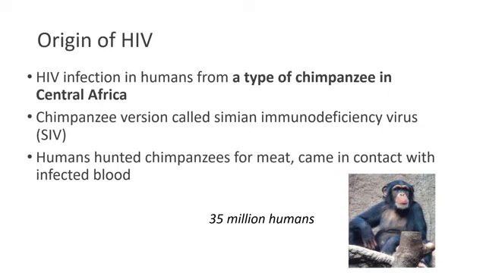But the likely cause of HIV was that people in Africa often hunt chimpanzees, and when they were slaughtering the chimpanzee, it's likely that there was a cut in someone's hand or fingers, and the chimp who had this virus was being butchered, and the virus was transmitted into the person via the chimpanzee's blood. And it's interesting that a simple chimpanzee virus has killed 35 million humans.